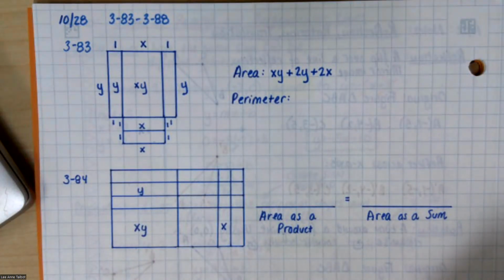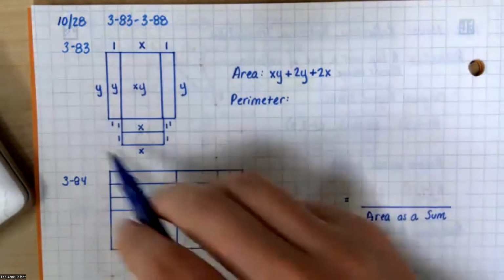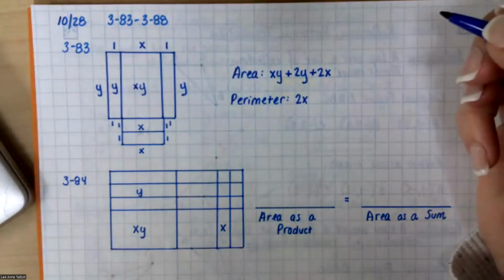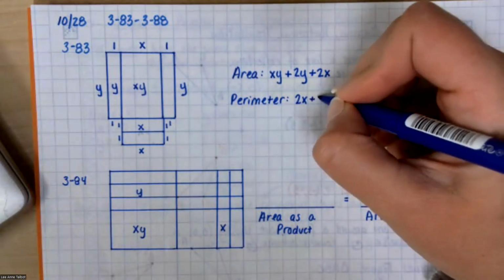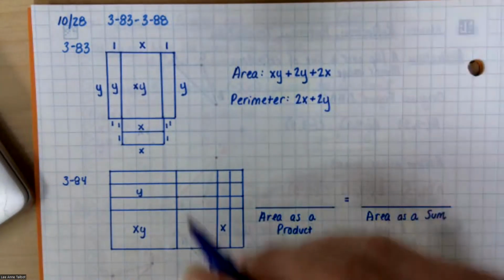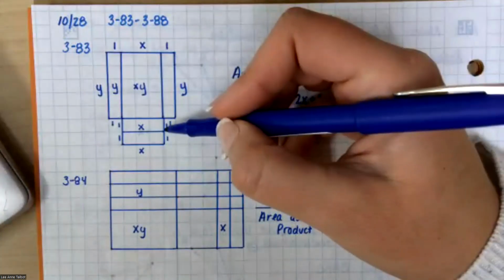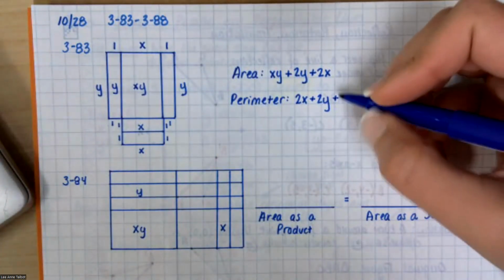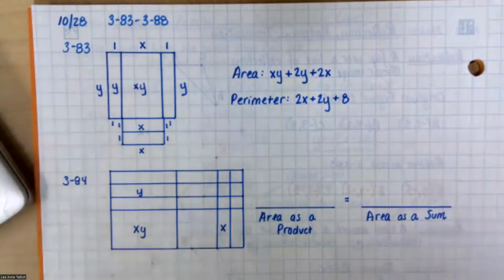Am I missing anything? Okay, so how many X's do I have on my perimeter? 2 X's. And I have 2 Y's on my perimeter. And how many ones? 1, 2, 3, 4, 5, 6, 7, 8. Is it 8? Yeah, okay.